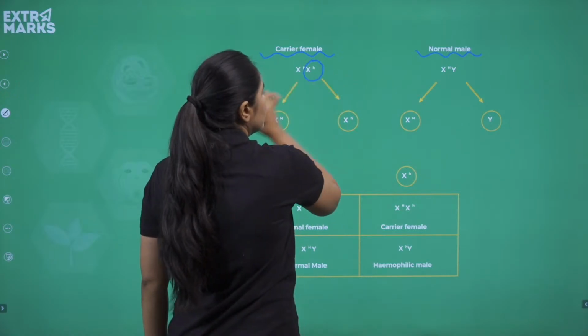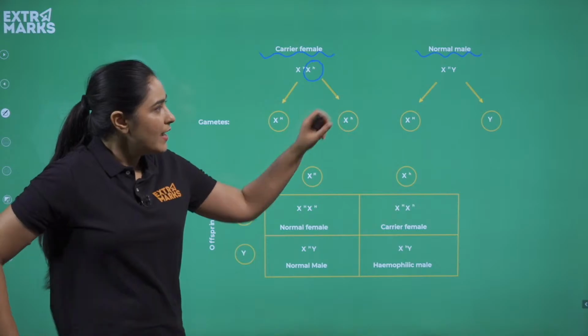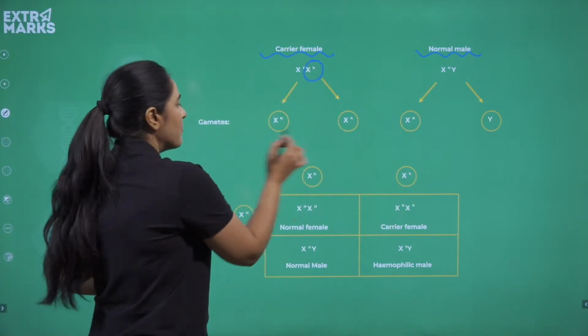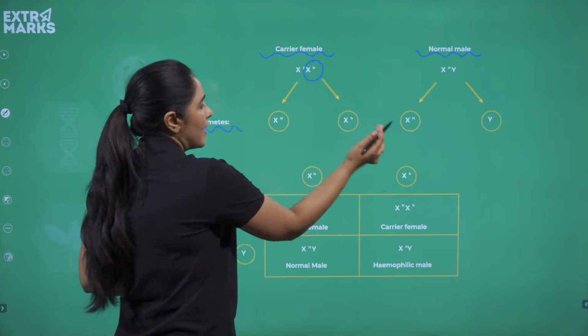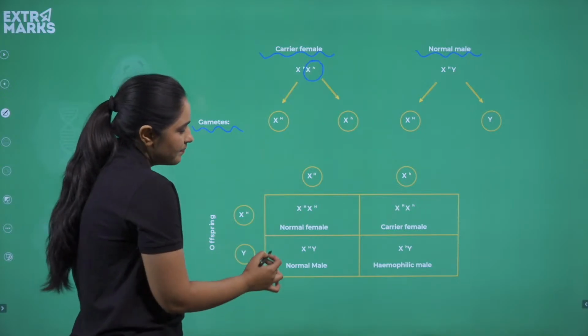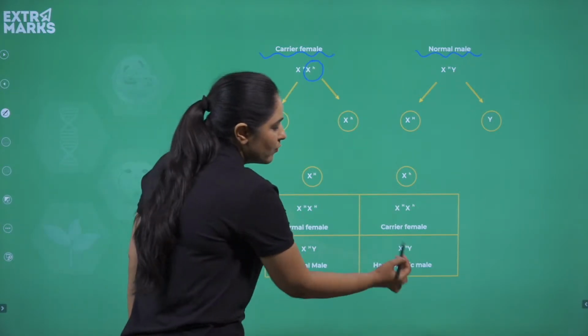She is having this mutant allele on her X chromosome. So we are having the normal male, it is having the normal X here. Now the gametes which are formed, we are having the segregation here, and after that crossing, what we are having? Normal female, carrier female, normal male and hemophilic male.